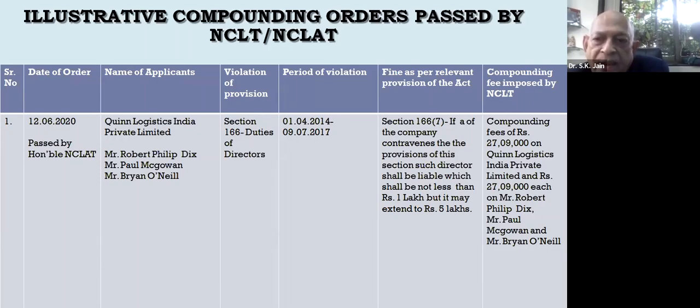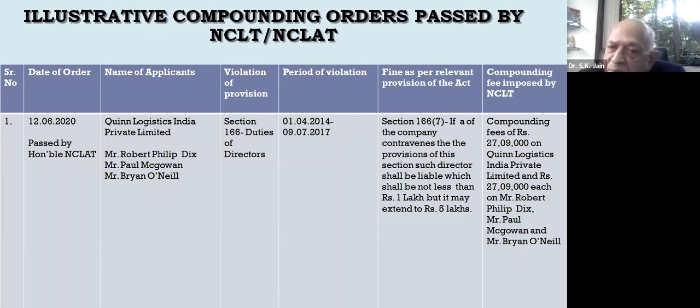If any director of the company contravenes the provisions of this section, such director shall be liable to a fine which shall not be less than ₹1 lakh, but it may extend to 5 lakh rupees. Now, read the words carefully. It says such violation shall be punishable with a fine which shall not be less than 1 lakh. That means this is the minimum fine which has to be imposed.